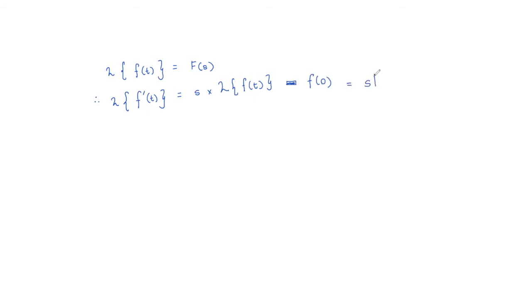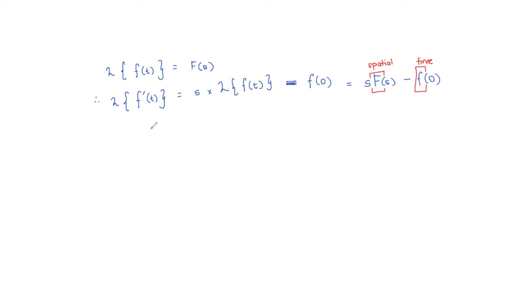In other words, this is equivalent to s capital F s minus small letter f of 0. I would like to highlight here that the capital letter F is referring to the function in the spatial domain, whereas the small letter f is referring to the function in the time domain. So let us just be clear on these two differences.